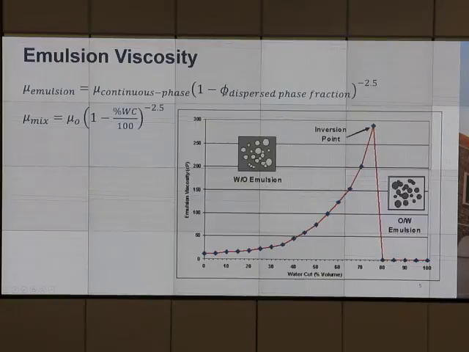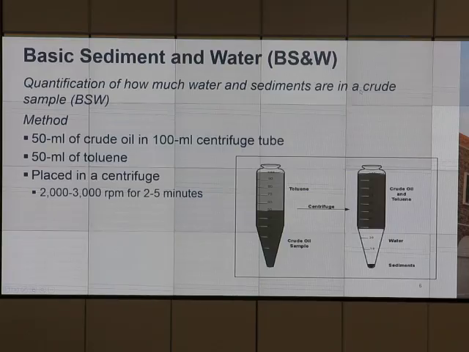So 1 minus 0.3, not 30. 1 minus 0.3 is 0.7, raised to the power of minus 2.5. The last one is named after the person who had this equation; I don't remember the name. So this shows you that the viscosity of the emulsion can be a lot more. It grows exponentially, with the power of minus 2.5 of that fraction.